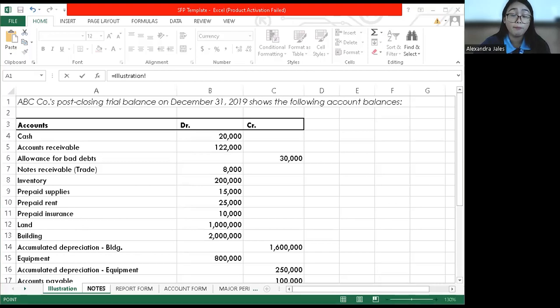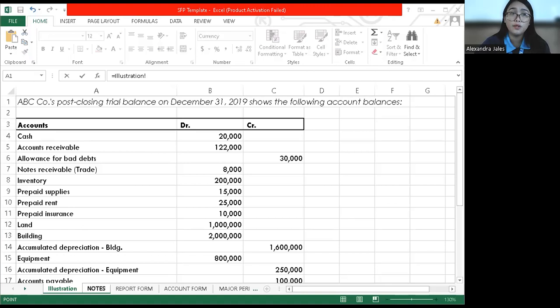So this could be property, plant, and equipment. Of course, these are long-lived assets which have been acquired for use in operations. These items consist of land, building, and equipment, and some more, like, for example, accumulated depreciation on your building and equipment.